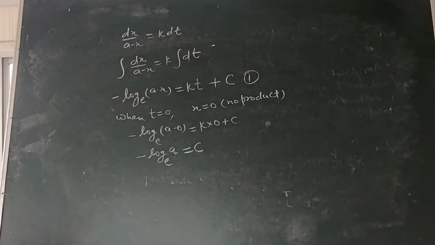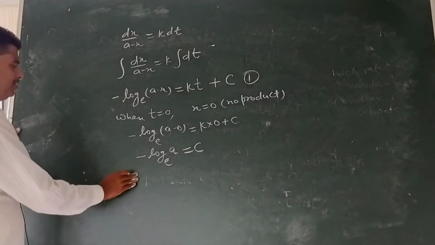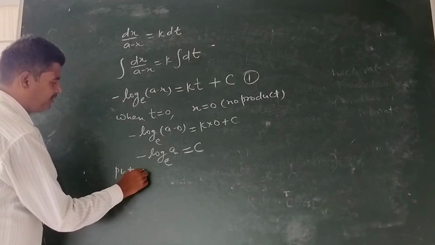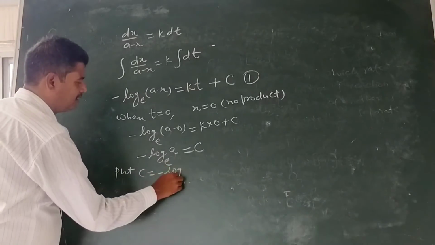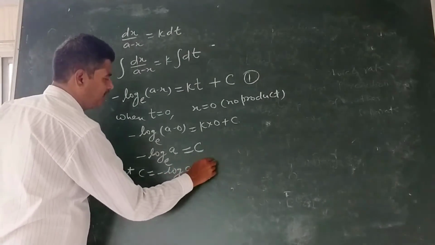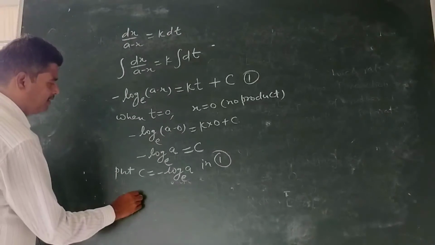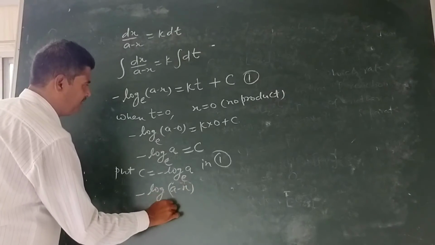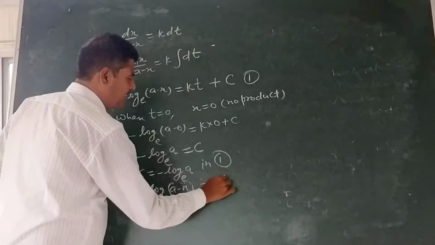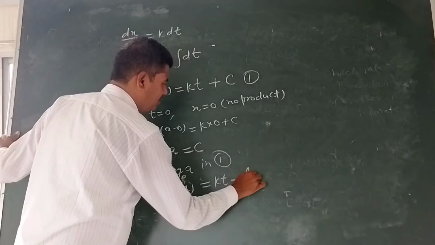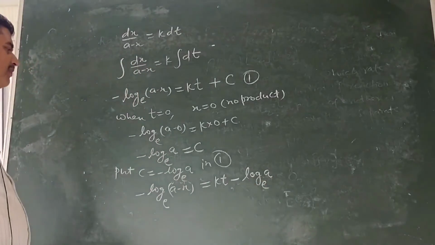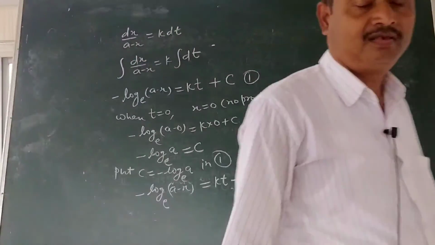Now substituting the value of integration constant c in equation 1, put c is equal to minus log A on the base e. We get minus log A minus x on the base e is equal to kt minus log A on the base e.